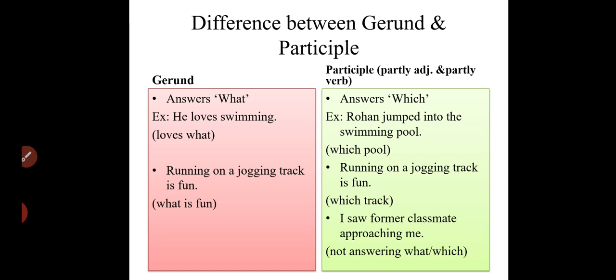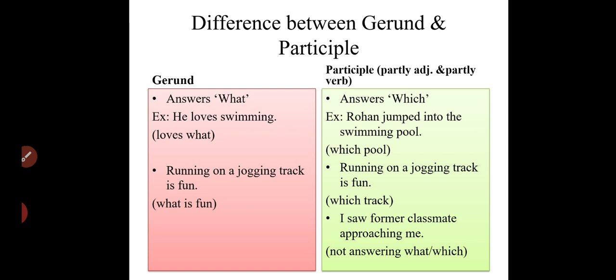Jogging track. So jogging here is the participle, and running is the gerund. Running is the gerund because what is fun? Running is fun. Which track? Jogging track. So jogging is the present participle here.